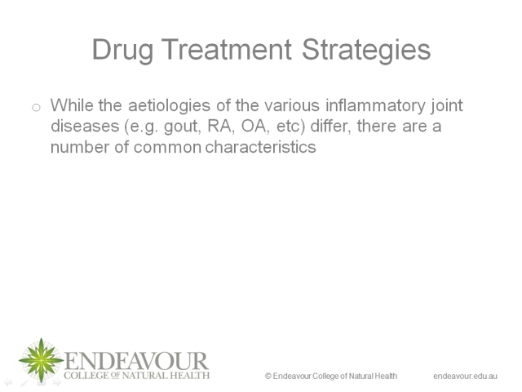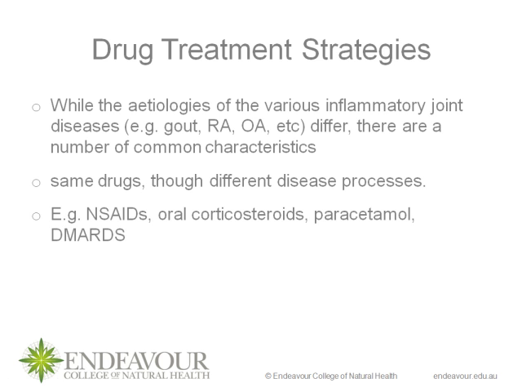The drug treatment strategies that we're going to use will be for various diseases, particularly those that affect the joints. So we will be looking at gout, rheumatoid arthritis, osteoarthritis, and the drugs that are indicated for these conditions. Even though there's a number of different diseases, they have a number of common characteristics.